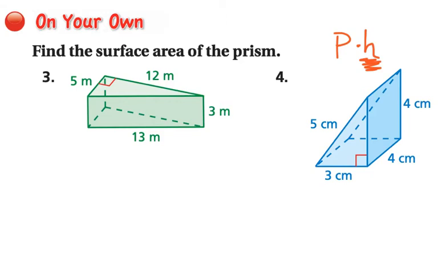But this side over here is not the height of the prism. In fact, it would be this edge down here, because that distance shows the distance between the triangle in the front and the one here on the back. So just keep that in mind. Go ahead and pause the video if you want to try on your own, and your answers will appear here shortly.